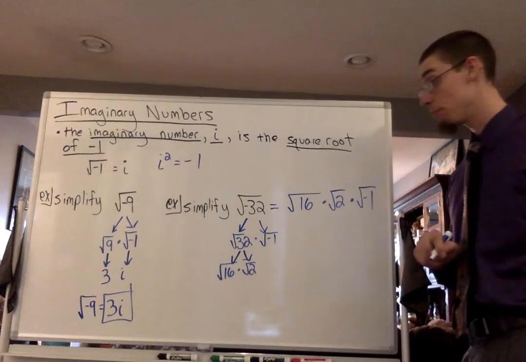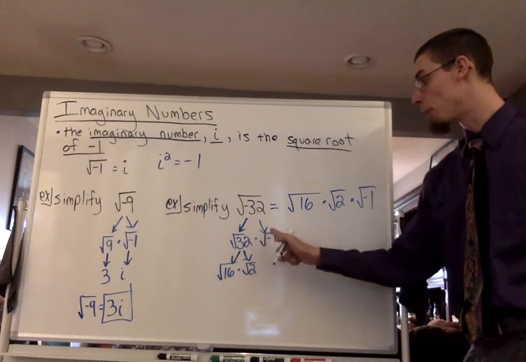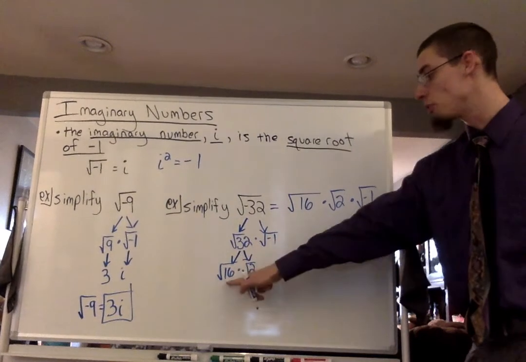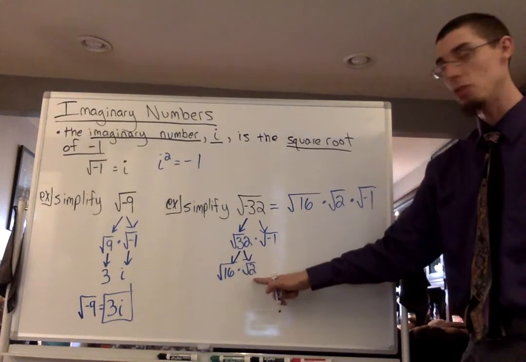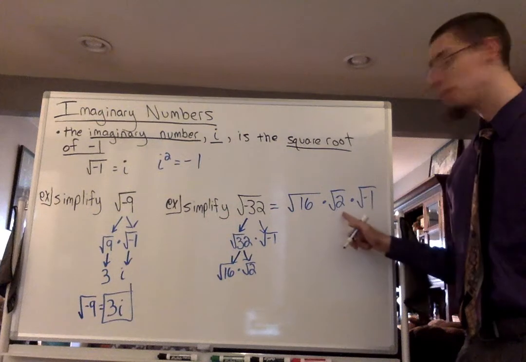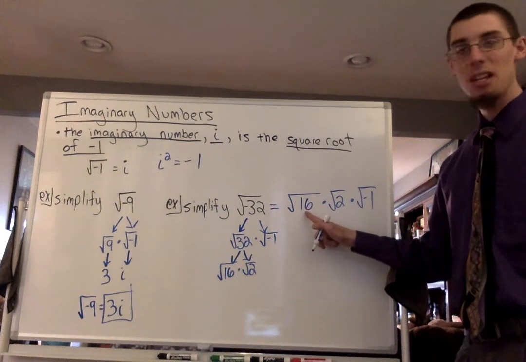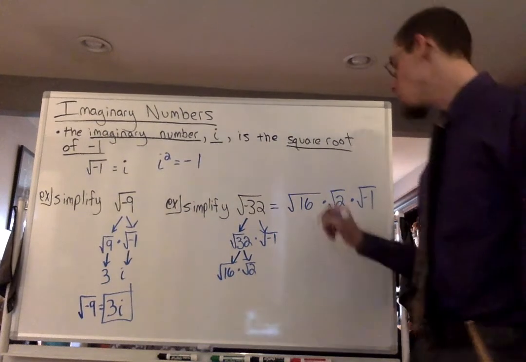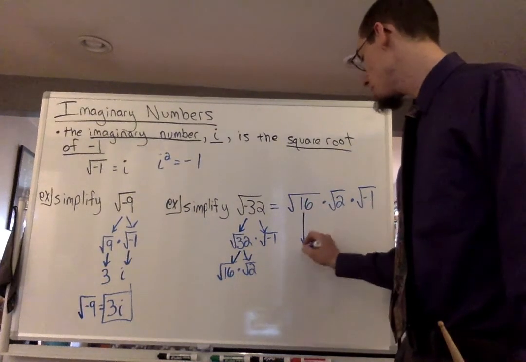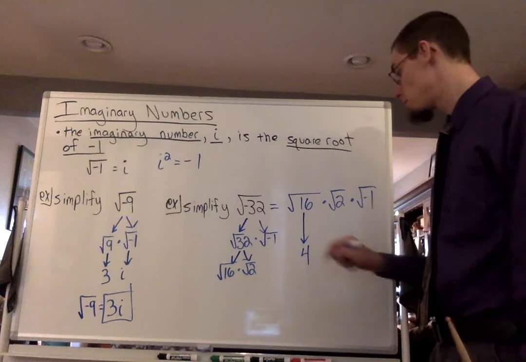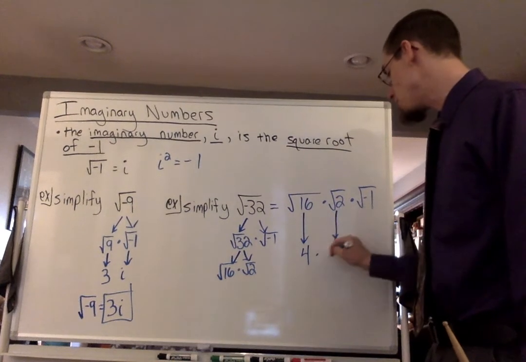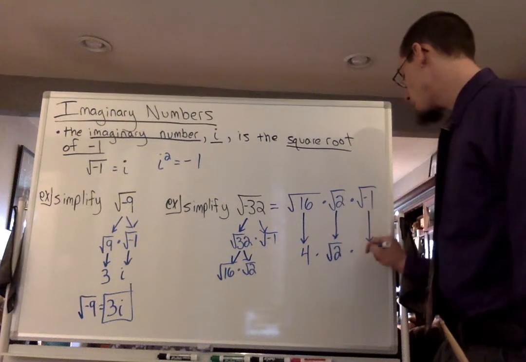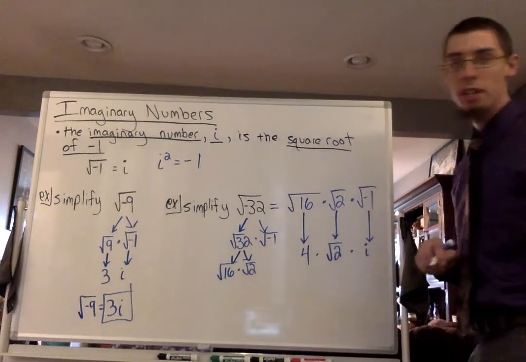I broke it up first as 32 and negative 1, and then the 32 breaks up as 16 times 2. Why 16 times 2? Because 16 is a perfect square number. So the square root of 16 is 4. I can't simplify the square root of 2, and the square root of negative 1 is the imaginary number i.